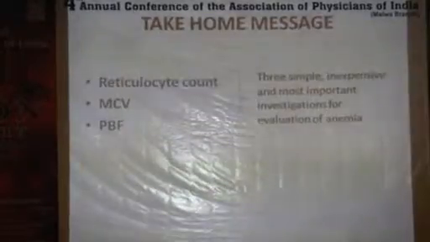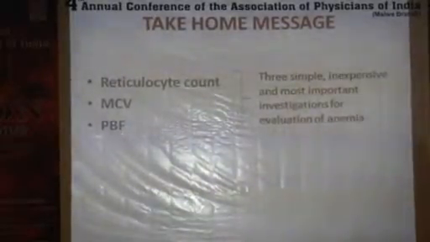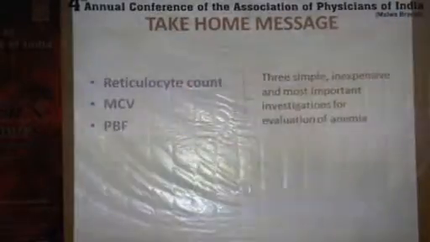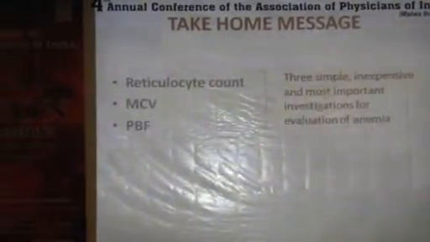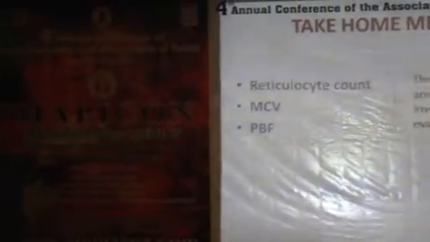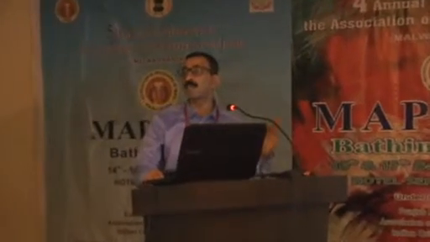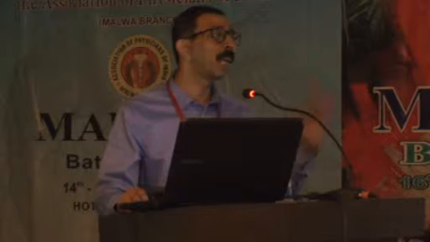And the take-home message is that these 3 tests, reticulocyte count, MCV, and peripheral blood film, are the most important, simple and inexpensive investigations to approach a patient of anemia.